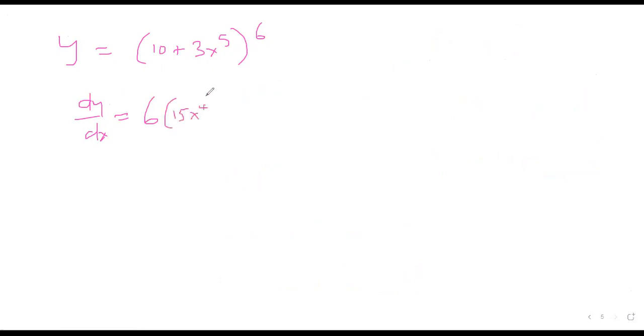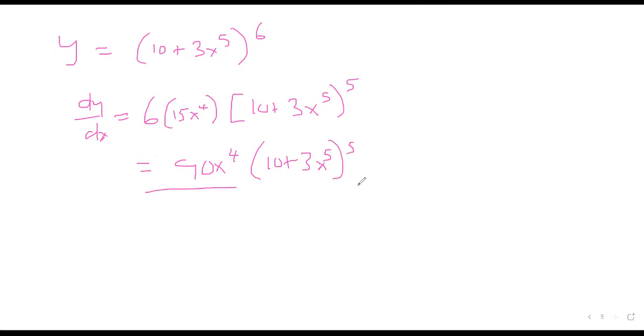Then rewrite what is inside, 10 plus 3x^5. Then subtract to the power minus 1, which is the 5 there. Then evaluate. And evaluate, we get 90x^4 times (10 plus 3x^5) to the power 5. Are we together? Yes. So this is what we call the chain rule.